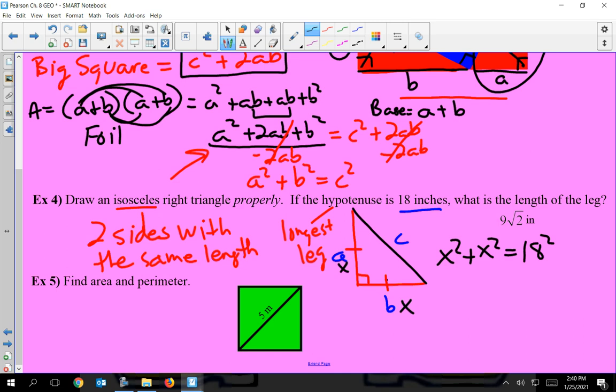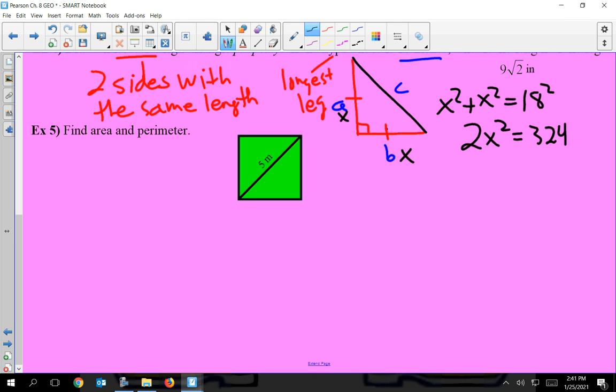And then I can go and try to solve this. So 1x squared and 1x squared, 2x squared. 18 squared is 324. And then how am I going to solve this for x now? I think I should be able to first divide by 2. Okay?